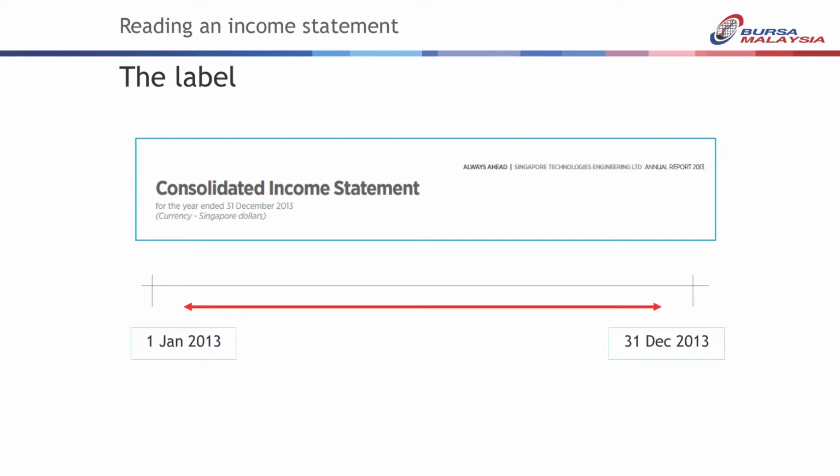If you see consolidated, it's really looking at the whole company as a whole. This is another thing that people don't notice, and that is that the income statement covers a period of time.